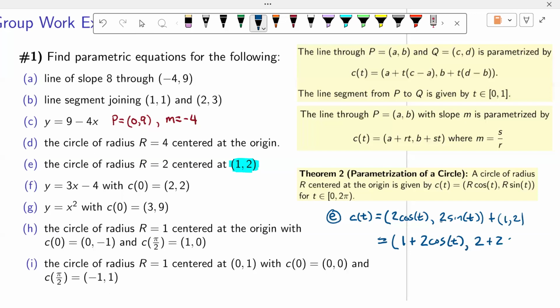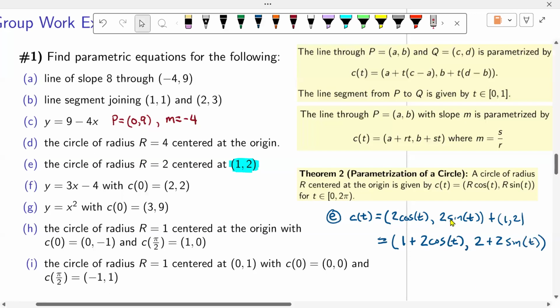Isn't that sneaky? So basically, if you have something that's normally at the origin and you want it somewhere else, like at 1, 2, you just add 1, 2. By the way, this is something that I'm showing here that I haven't really described. This is called vector addition. If you've ever seen vector addition before, that's essentially what I'm doing. So we can plot this.